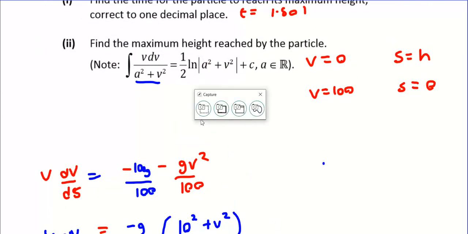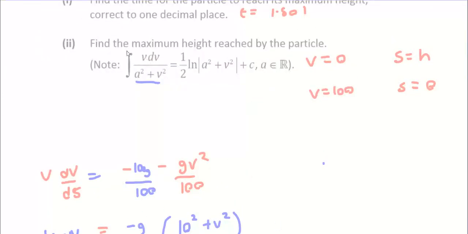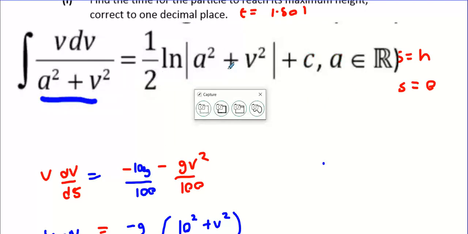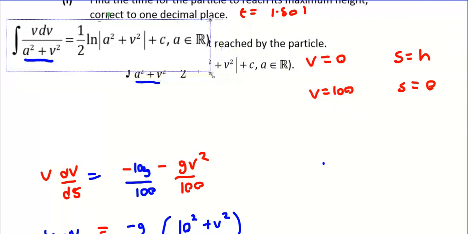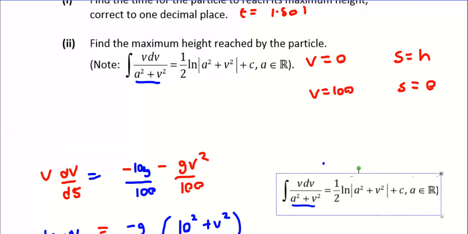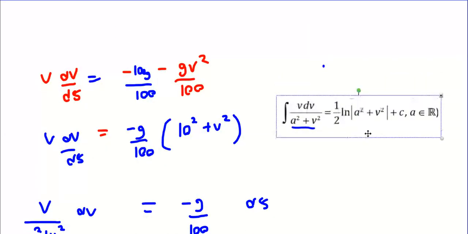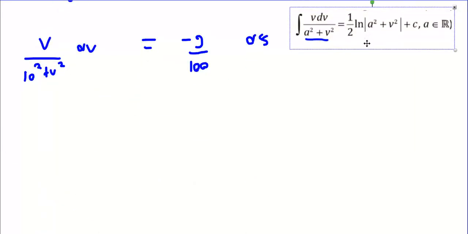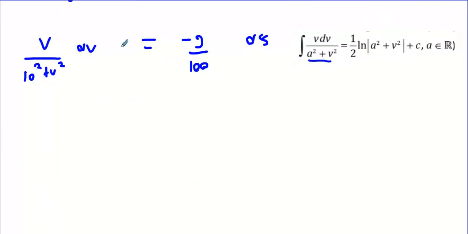I'm going to copy and paste it down. So this is the integral I'm trying to have a look at. I have to use this information to integrate this. Now they had to give you that in the exam because you're not meant to be using this, because it requires substitution.